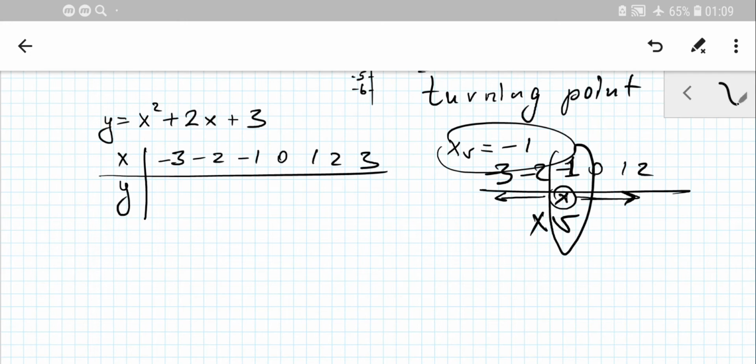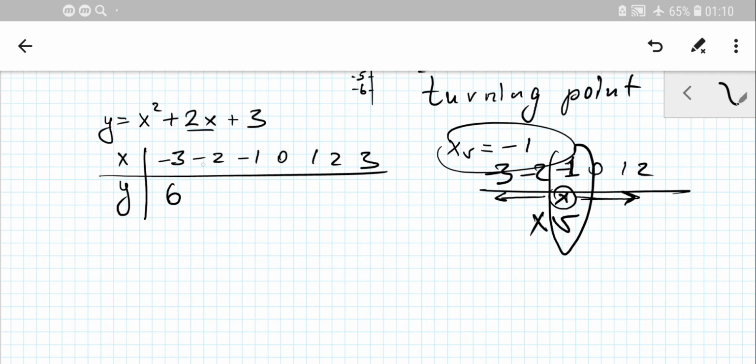Okay, I'll just use a calculator for simplicity. So we plug in -3 and calculate. -3 squared is 9, then 2 times -3 is -6, and plus 3, we'll get 6 as the y value, right?